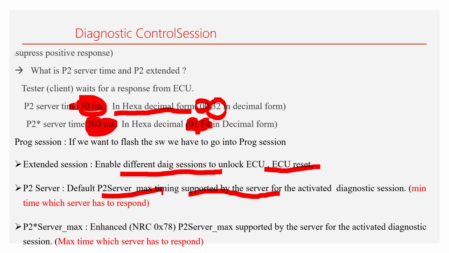So it will take 50 milliseconds to give the response for the first minimum time for the service. Next, P2 start time means the maximum time. How much time will it take? 500 milliseconds to give the response from the ECU. So this is the P2 time and this is the P2 start time.